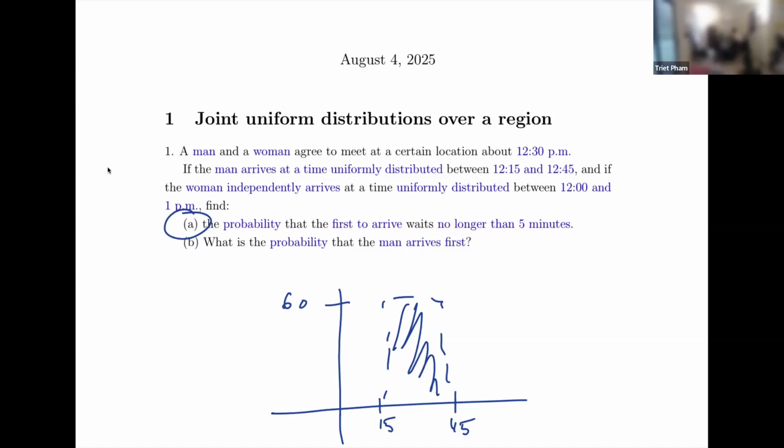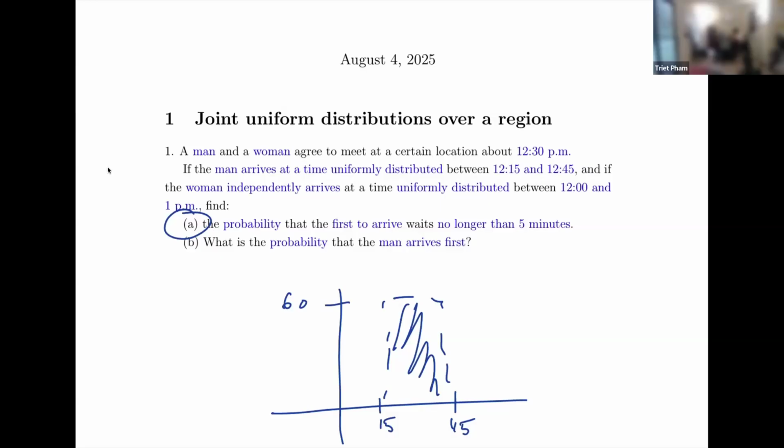In terms of a rectangle, what region are we talking about? Would it be the area between y minus x equals 5 and x minus y equals 5? Yeah, so correct.